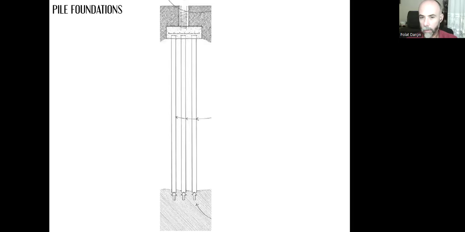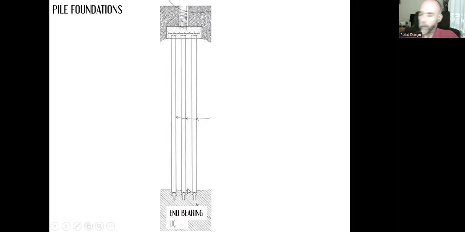Pile foundations, there can be two different types. One of them is the end bearing. We create piles long enough to find the high level of bearing capacity layer, uç kazığı, and by this way, we transmit the loads to the level of bearing capacity layer like that.